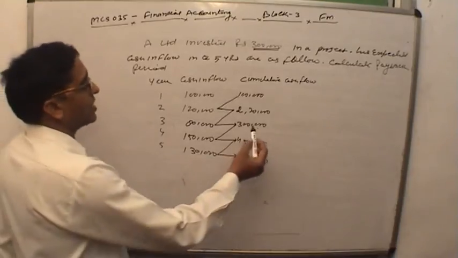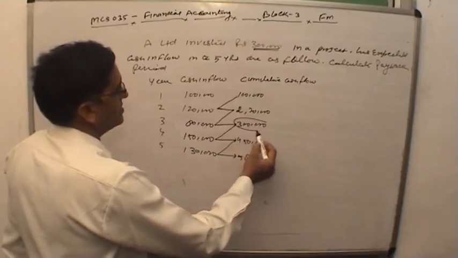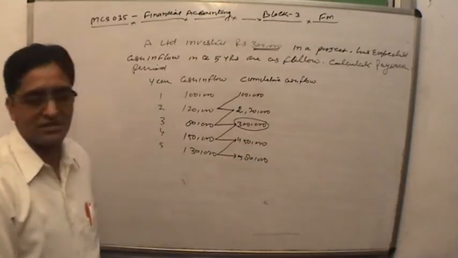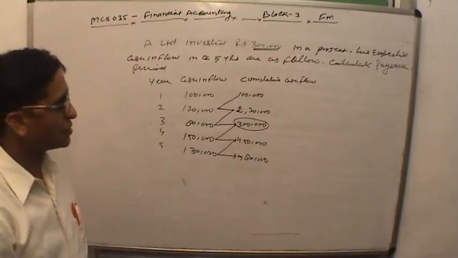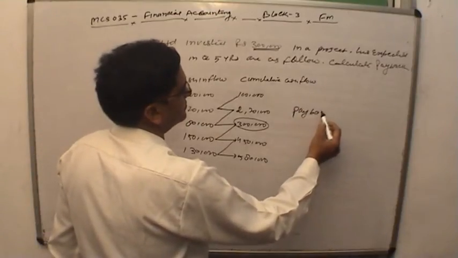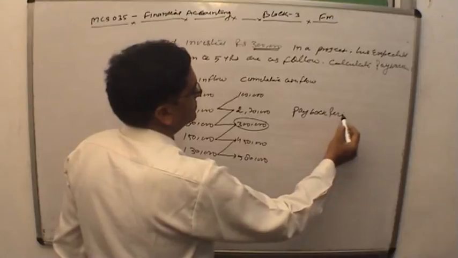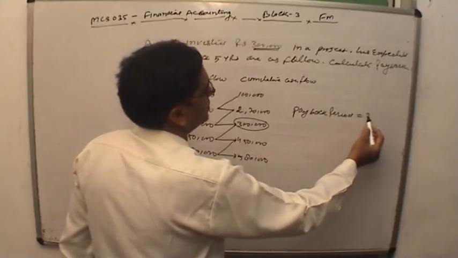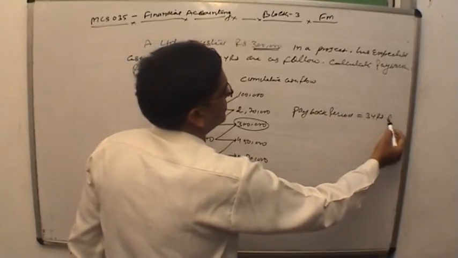So the amount is recovered in 3 years, rupees 3 lakhs. So payback period equals 3 years is your answer.